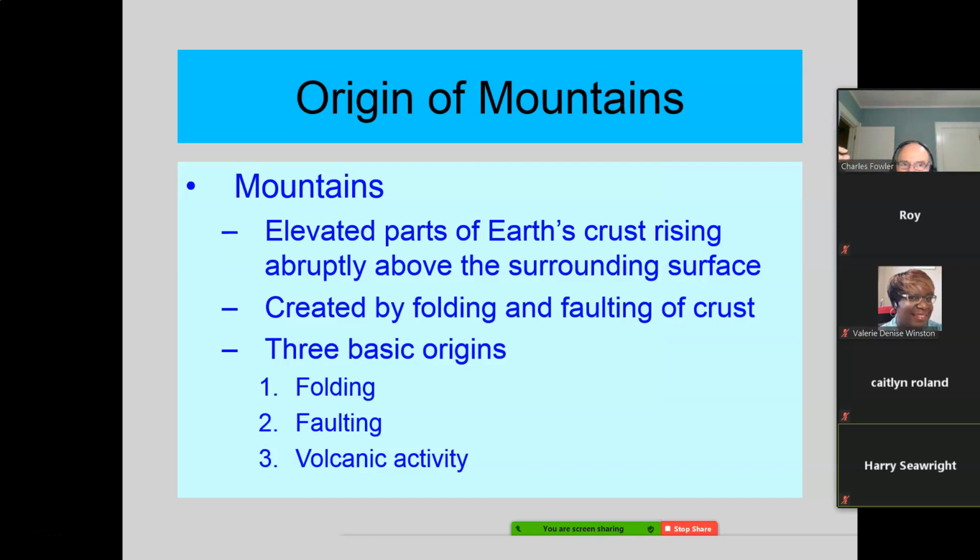That's where the Indo-Australian crust is crashing into the Eurasian crust, and you get this buildup. So the Himalayas are still growing. However, by this definition, not quite, elevated part of the Earth's crust rising abruptly above the surrounding surface.